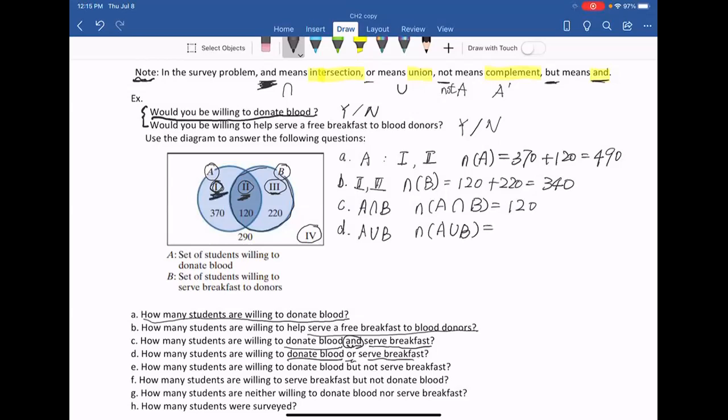Add these three regions together: 370 plus 120 plus 220, and use your calculator to find the result. 370 plus 120 is 490, plus 220 is 710.